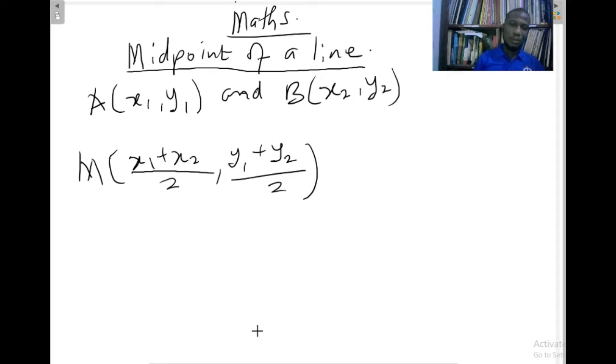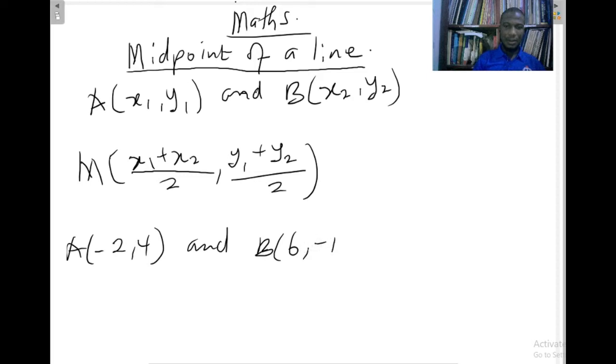So for example, if we have the ends of a line to be A, -2, 4, and B, 6, -12.